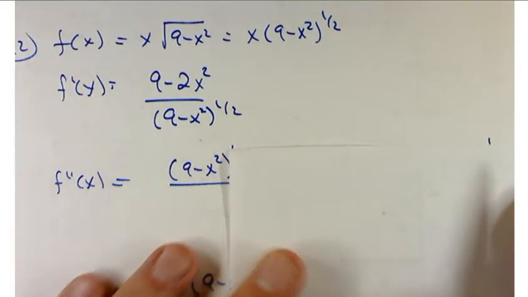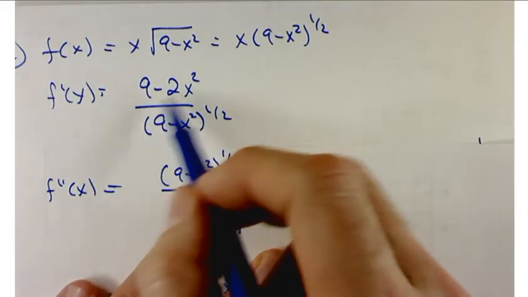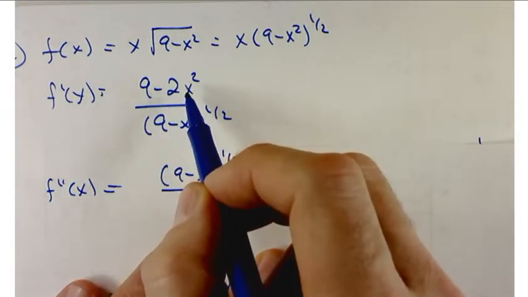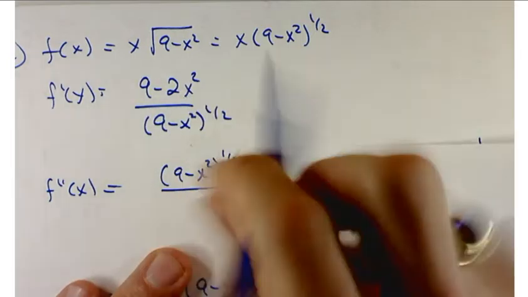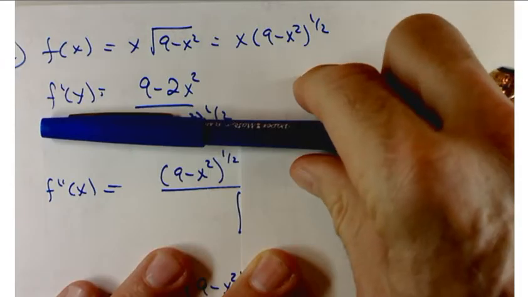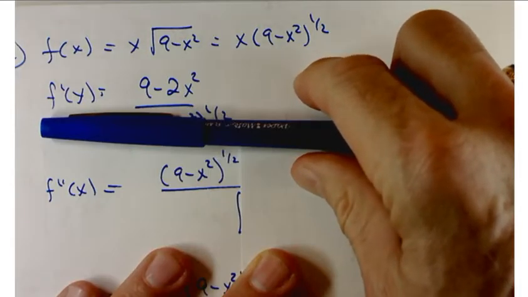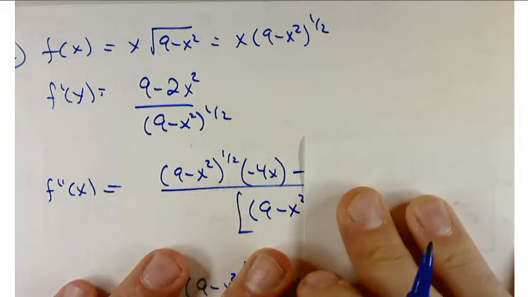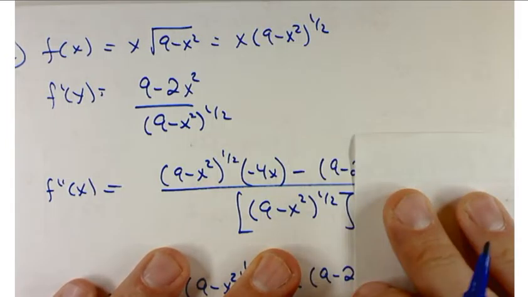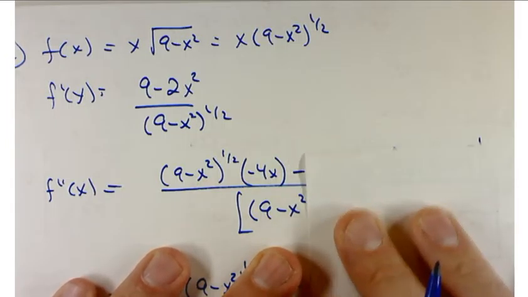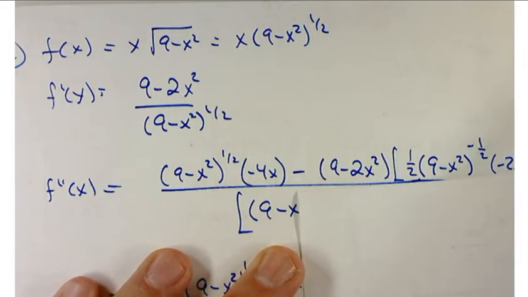So what's the derivative of the numerator? It's just minus 4x. And that's what we got. Oh, the first term is the denominator. Oh, okay. I thought it was the numerator. Okay. Justin?